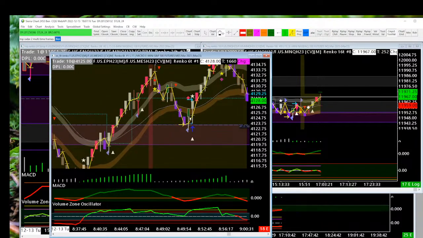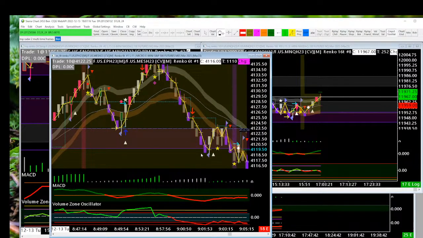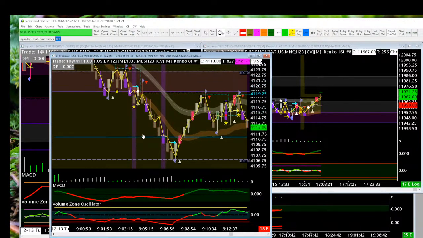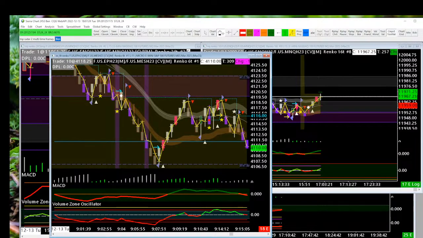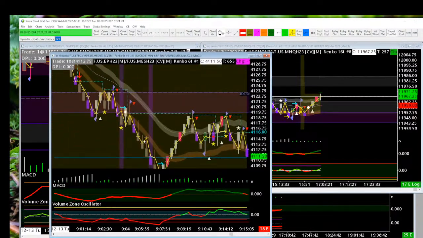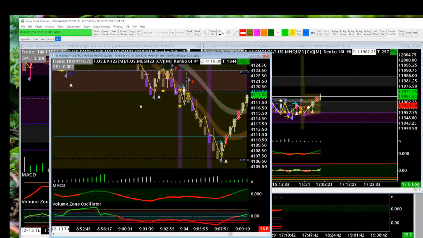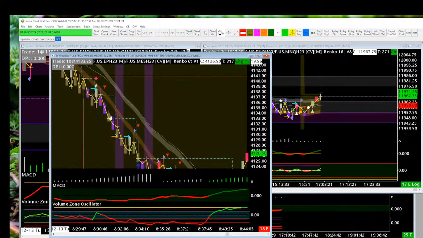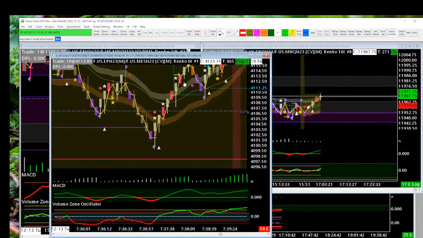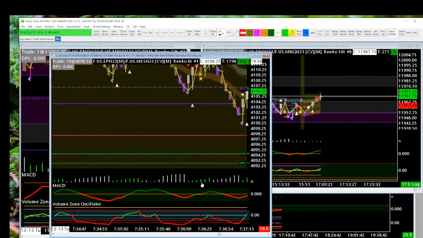It becomes support. Boom. Get under the buyer. Reject on stars. Scalp down on a star. There's no seller down here, but that does work. Okay. There's no sell sign on this time frame. Yeah, I might need to adjust it on ES. It just doesn't show up very often.